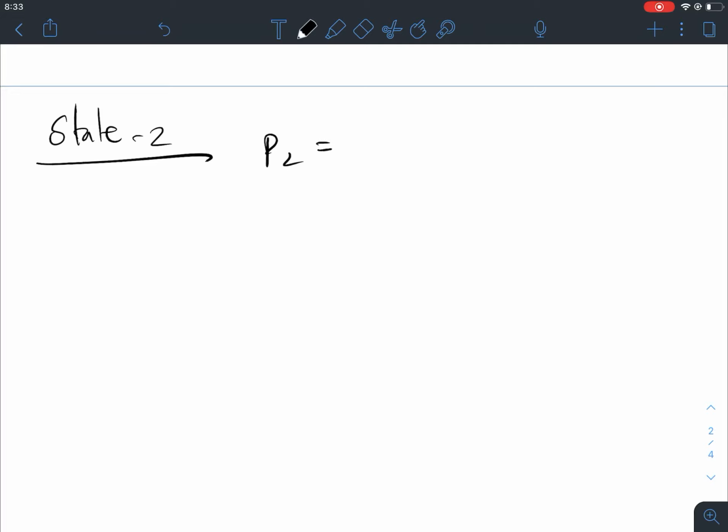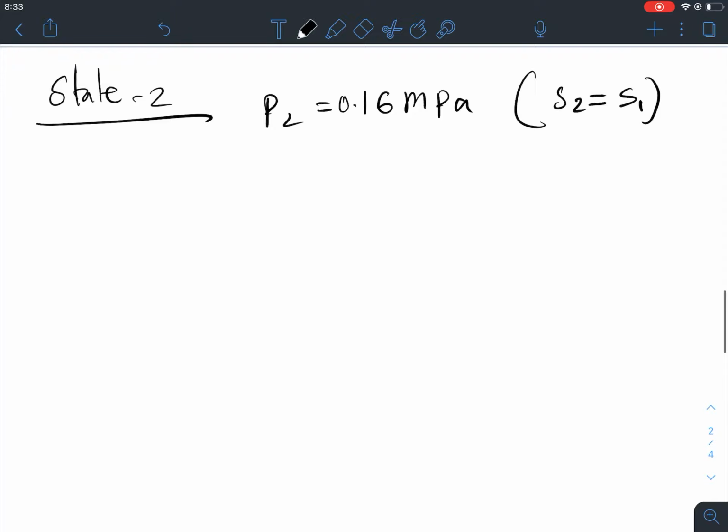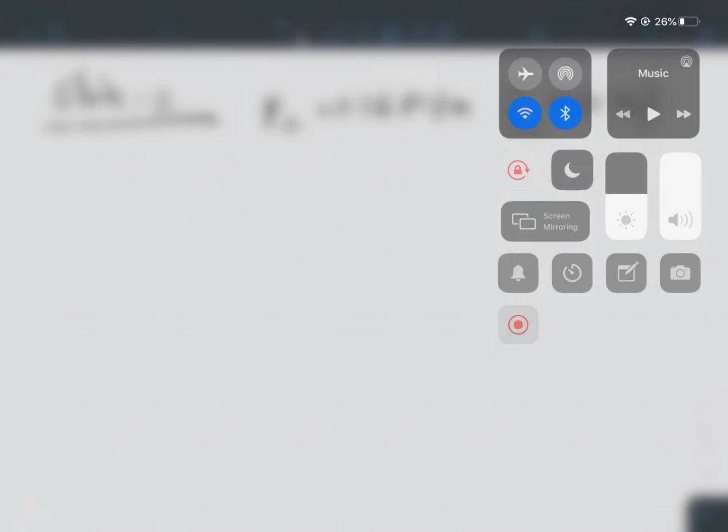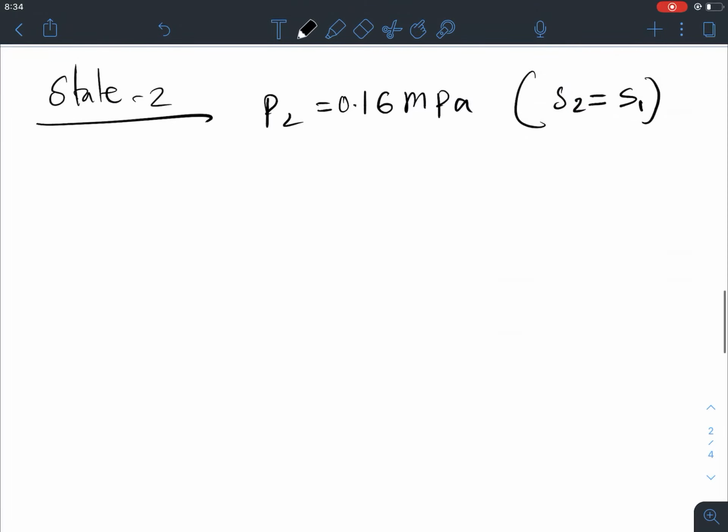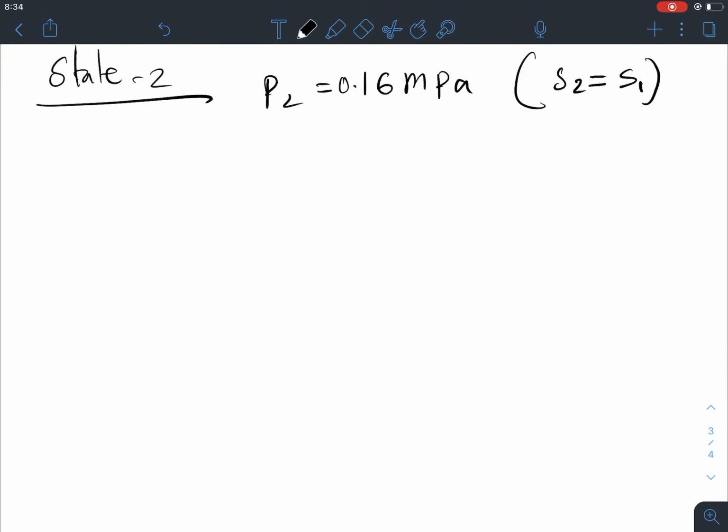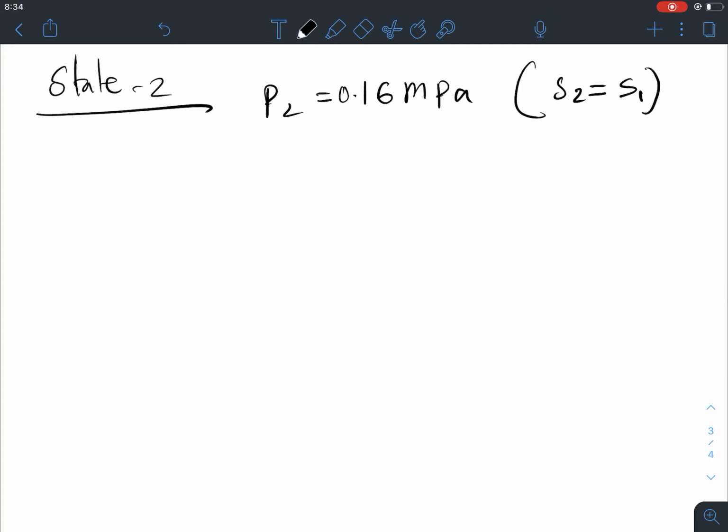At state 2, we have the pressure, which is equal to 0.16 megapascal, right? With respect to that pressure, and entropy also remaining constant, it's an isentropic process, we can get all those thermodynamic properties.